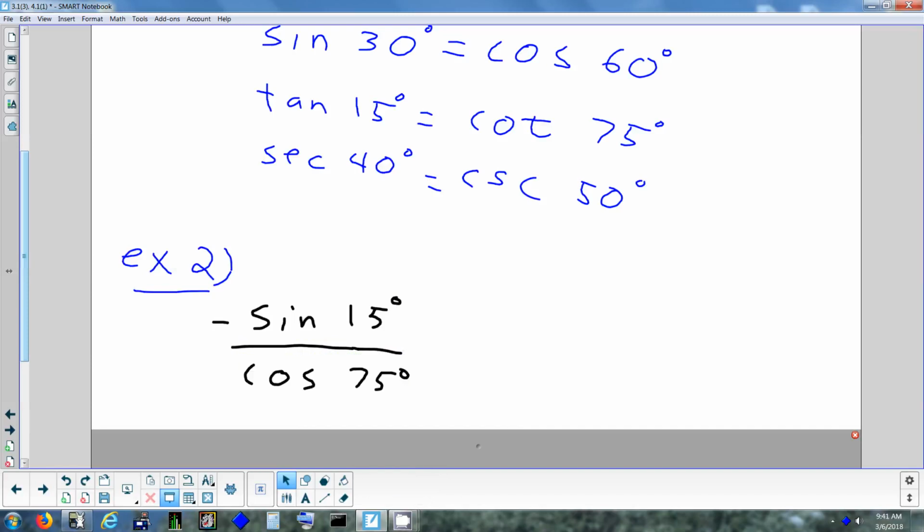Not if they add up to 90. It was the complementary angle theorem. It says cofunctions of complementary angles are equal. So that means we're dividing two things here. If you ignore the minus sign in front, we're dividing two things that are equal. So when I do that out, what would I get?